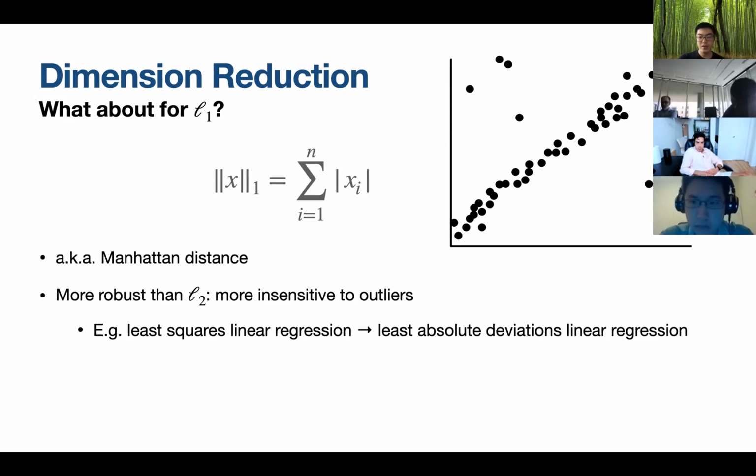And in picture, I'll show you what kind of outlier insensitivity this will demonstrate. So if we have this data set where we have this diagonal set of points, which roughly looks like it lies in a line, but we have these outliers, then an L2 linear regression, or least squares linear regression, will actually not succeed in finding this line that we want the linear regression to go through.